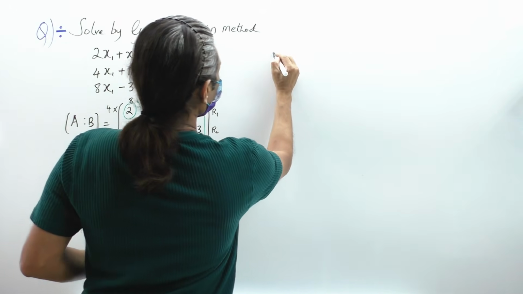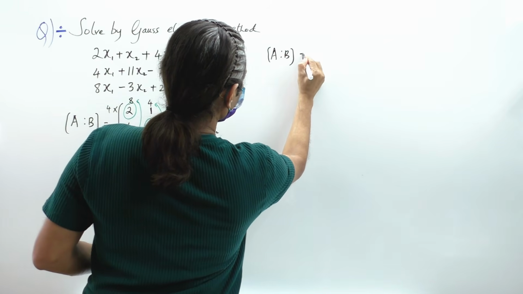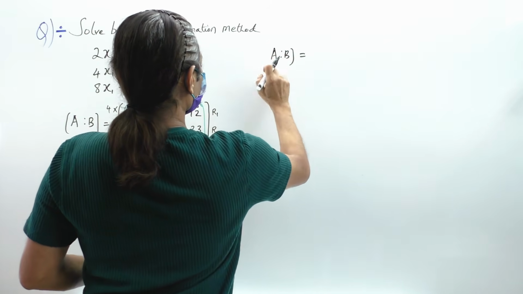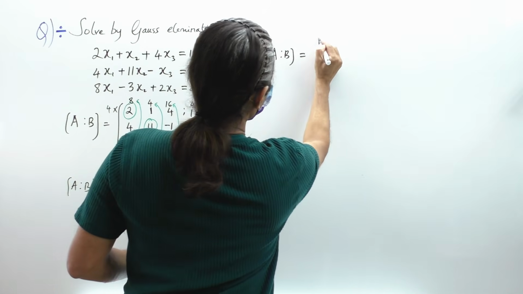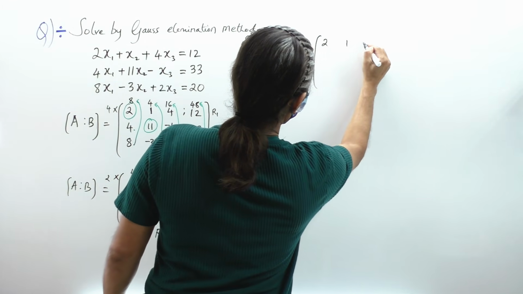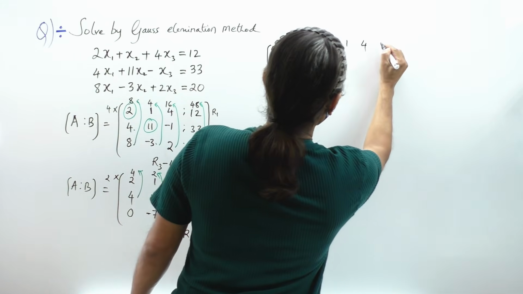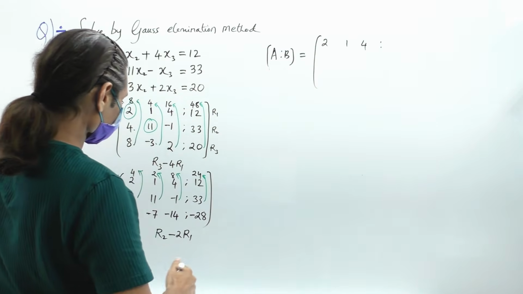So right here, A augment B equals, what is it? The matrix 2 1 4 12 as it is. We'll be using the top, what I have written here, 4 2 8 24 for operations, and this is as it is, 12.